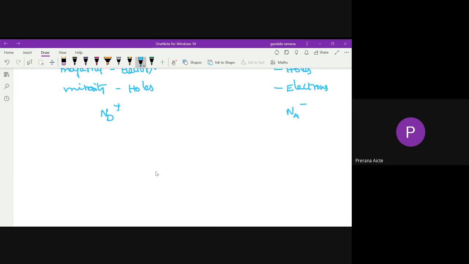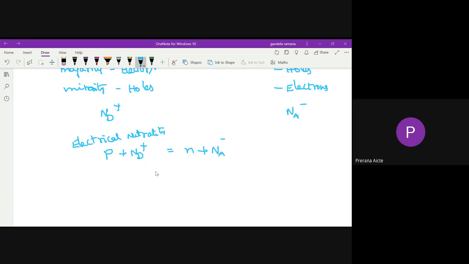That means holes plus donor ions Nd plus is equal to electrons plus acceptor ions Na minus.